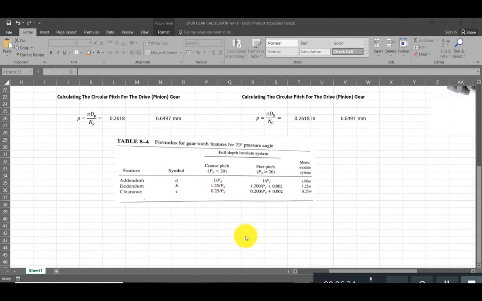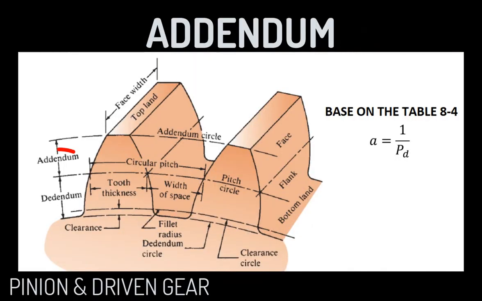Then bringing down here Table 8-4, formulas for gear tooth features for 20 degrees pressure angle. So we have the corresponding features here: addendum, dedendum, clearance, and we have your symbol, coarse pitch, fine pitch, and metric module.